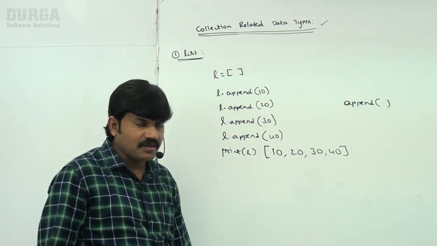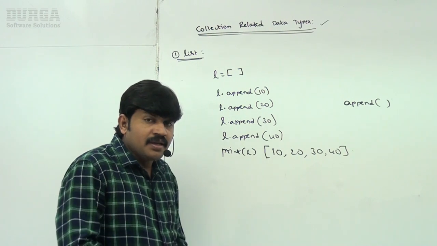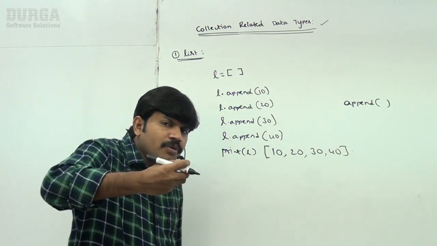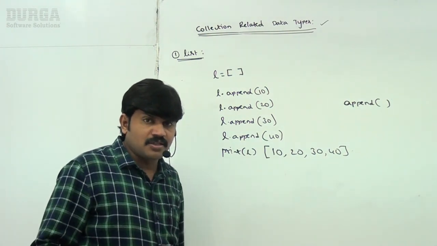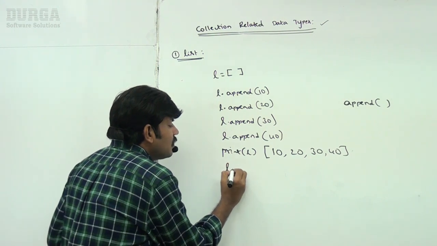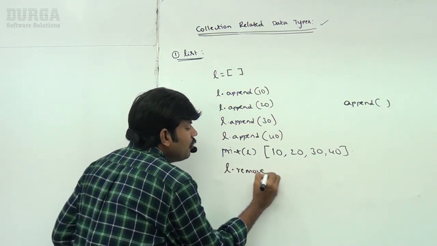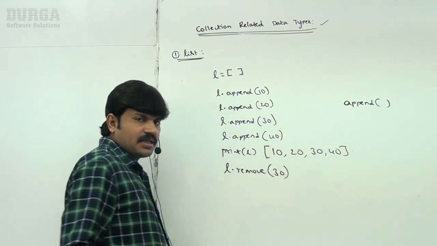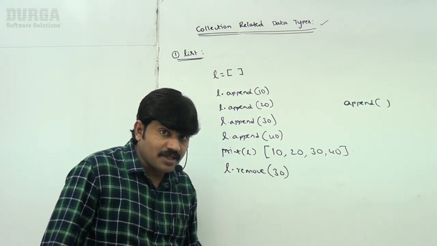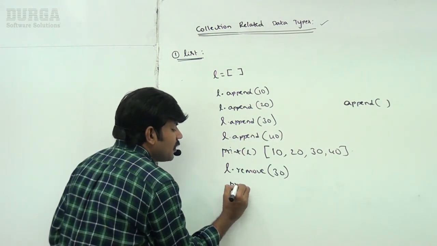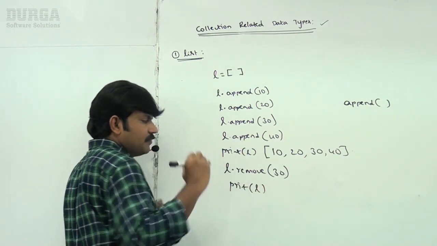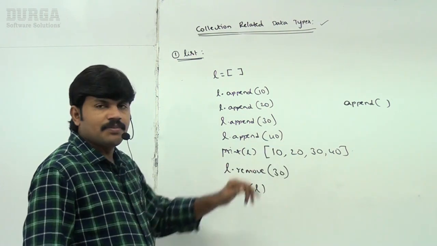So this is the output we are going to get. Next, if you want, you can remove an element also. L dot remove of 30, I am taking, sir. Now, can you please observe print of L. So now 30 will be removed.